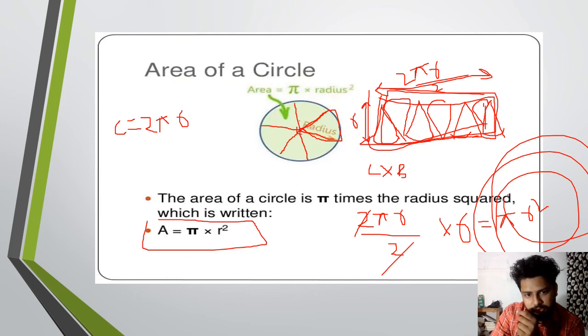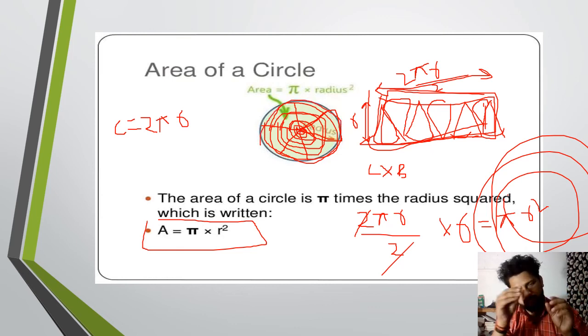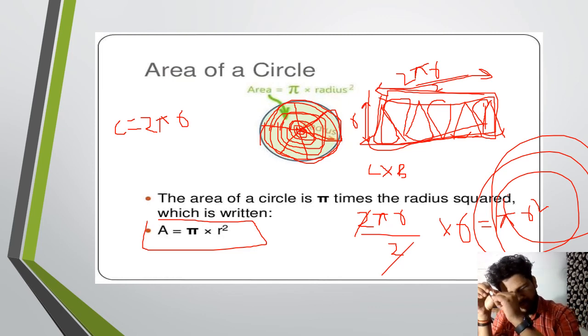Suppose a small ring here, small ring here, small ring here, like that, many small rings. One more small ring here, one more. This one is the last. This one is the circumference.